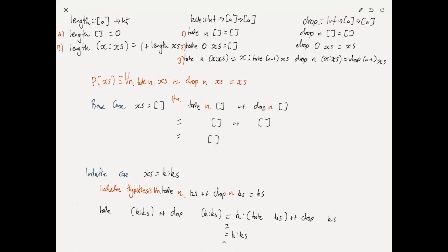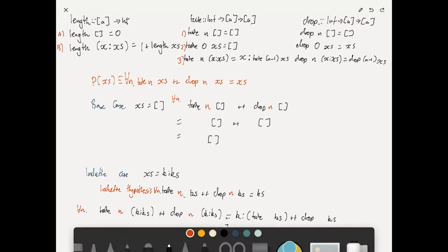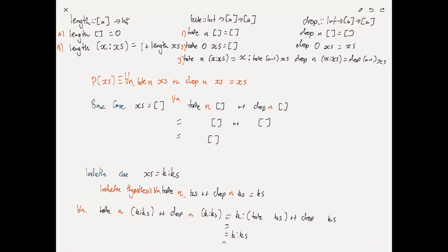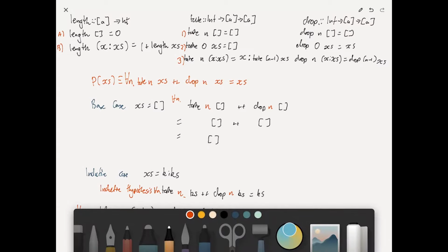And now I need to show for all n, take n, drop n, take n, drop n. So that may not have, whoops, sorry, that's a mistake. That should say n minus 1 here. In fact, I will rewrite this to make it very clear. I'll just rub that out and rewrite it.